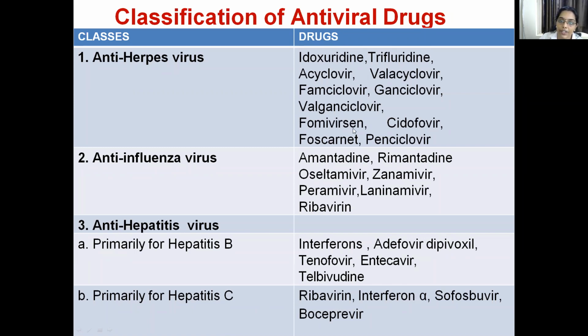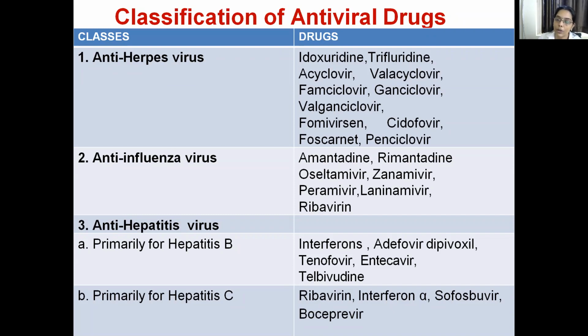Okay. So let us just go through the drugs for herpes virus once again, because today we will discuss them. So idoxyuridine, trifluridine, acyclovir, valacyclovir. So if you remember acyclovir and ganciclovir, just add a val to both of them. Those are nothing but the prodrugs of acyclovir and ganciclovir, which after oral administration are converted in the body to acyclovir and ganciclovir.